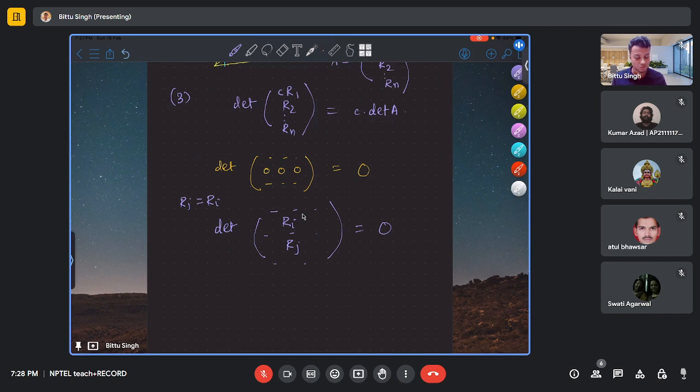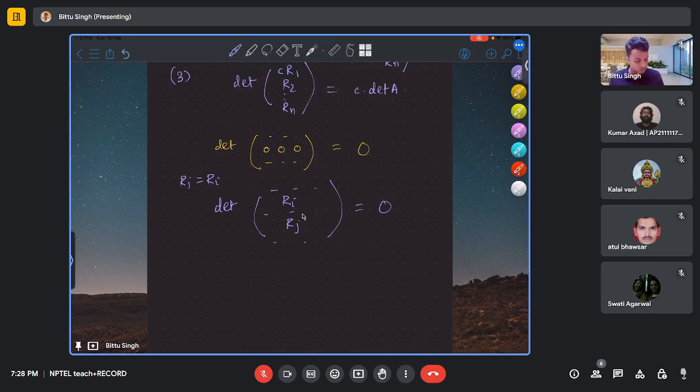Why is it true? Because determinant of this matrix Ri Rj is same as determinant of the matrix with those two rows exchanged, Rj Ri, except for a negative sign.